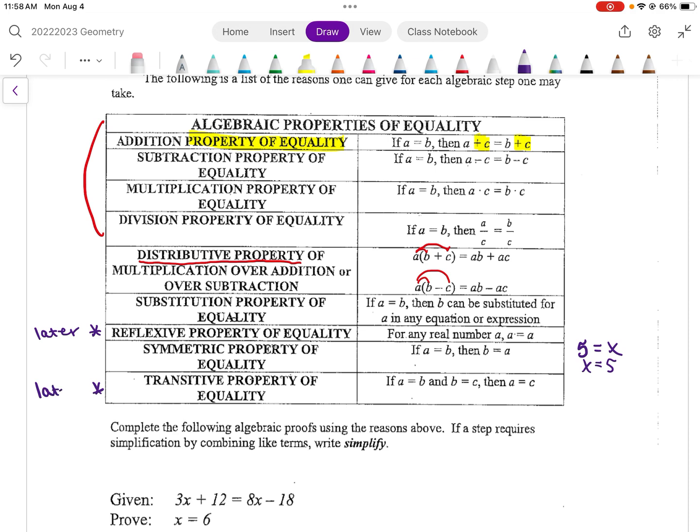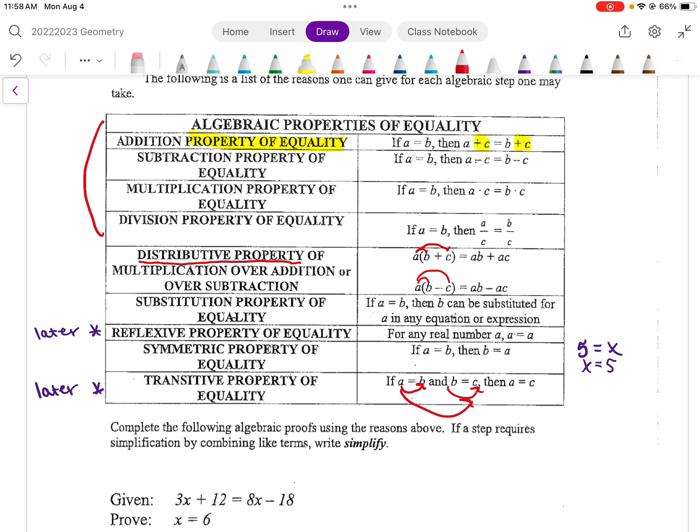And then we have transitive property, which again, this one we're going to use later on. But transitive property, I think of it like transporting. If you're transporting something in a car, think about starting at one location. If A equals B and B equals C, then A equals C. So if you start at A and A goes to B and then B goes to C, then obviously A has to go to C as well.